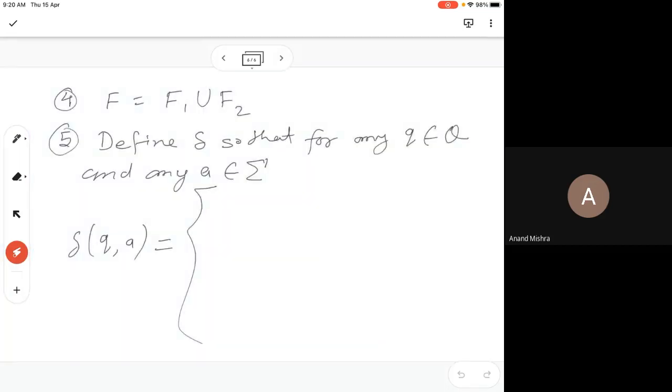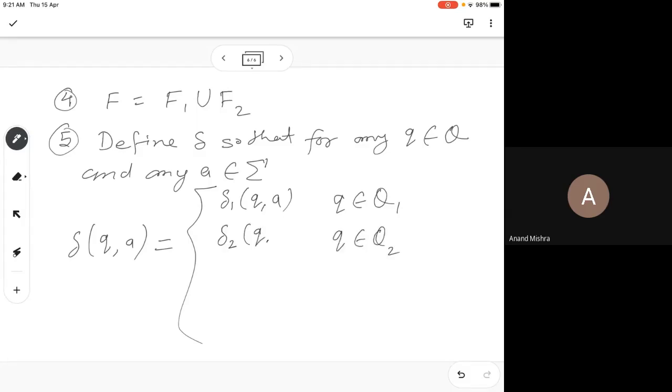What does that mean? It means if my Q is Q1, then I should follow delta 1. If my Q is Q2, I should follow delta 2, right?